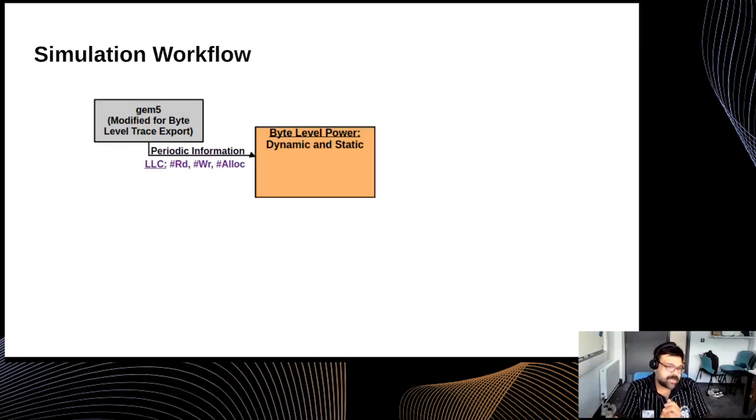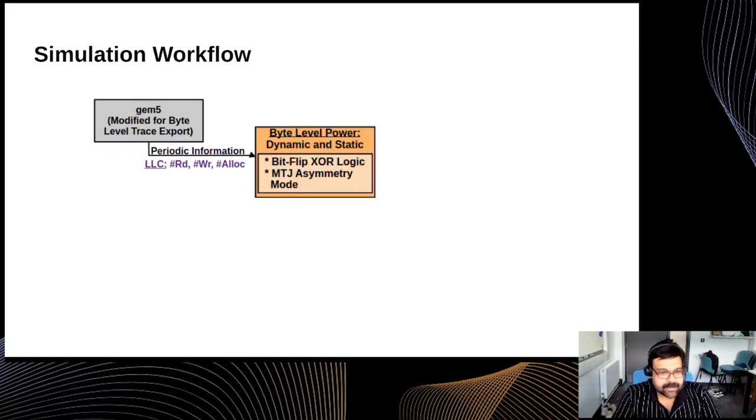They have limitations of doing it only for 300 to 400K with a scale of 10 degrees Celsius or 10 Kelvin. So we solved this, and also resolved issues like piecewise linear approximation. We removed all this, and made it more accurate by doing it at the byte level. And we have successfully captured the bit flip XOR logic as well as the MTJ asymmetry mode.